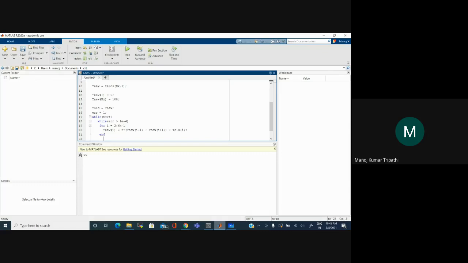Then here we can calculate the difference between the new and the old temperature. So this error is the absolute value of T_new minus T_old and the sum of all the elements in that array.